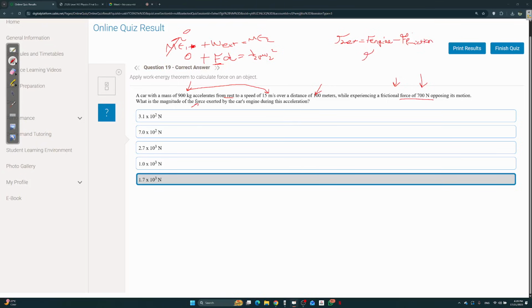So in other words, it's going to be F of engine minus 700. So over here, the force, we're just going to call it F of engine minus 700, times the distance, which is 100 meters, equals half mv squared. So half 900 with the velocity squared, so 15 squared. You can solve this very, very easily.